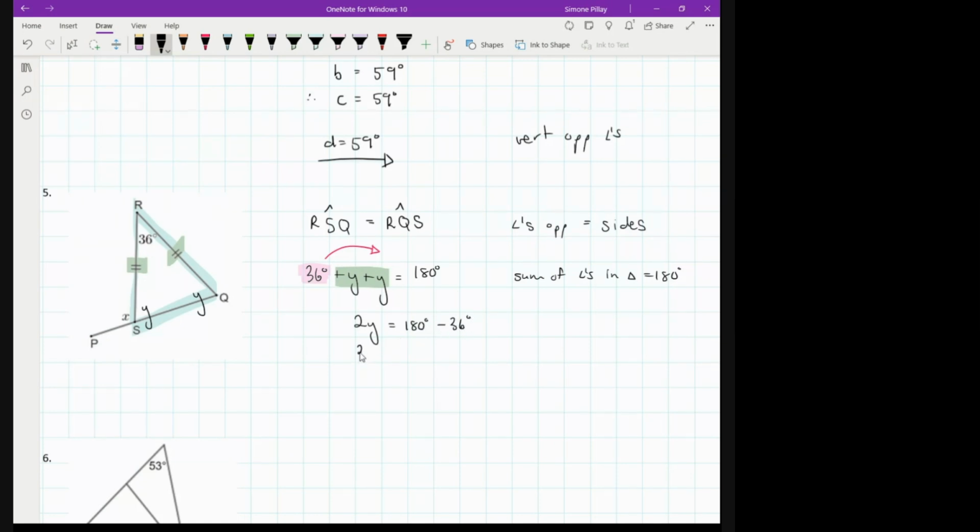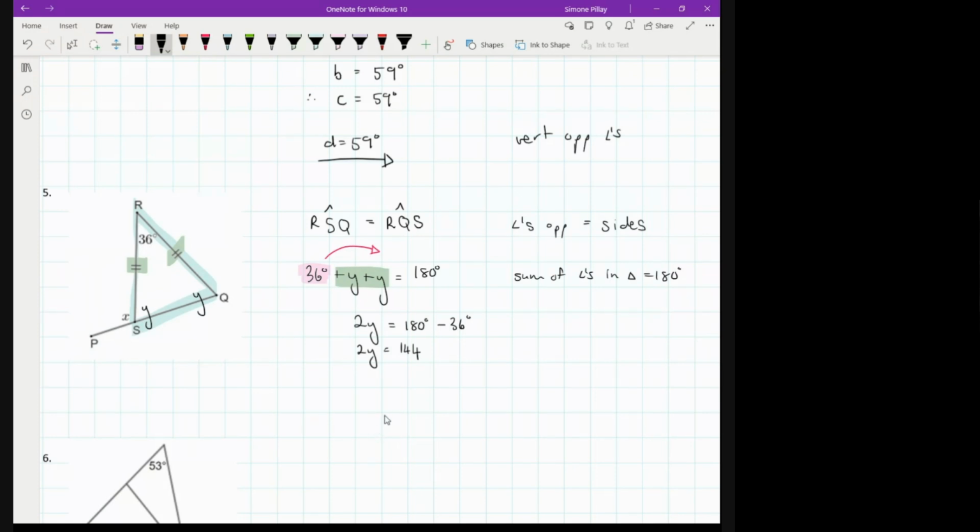Beautiful. What's 180 minus 36? Let me take out my calculator. 180 minus 36 is equal to 144. Beautiful.